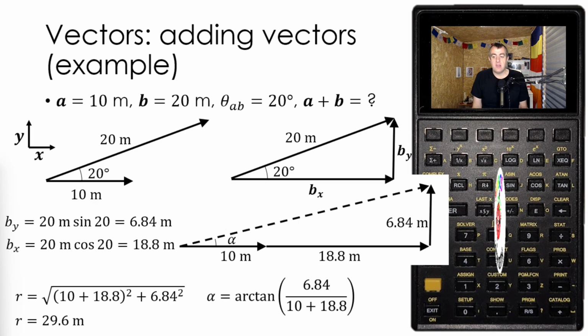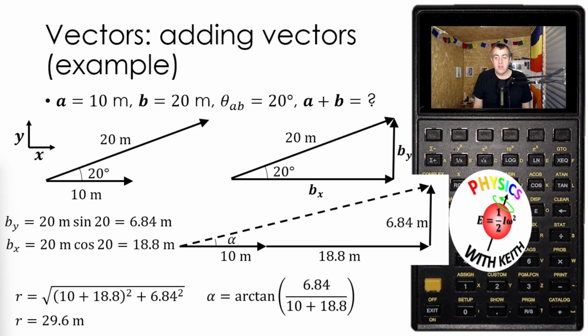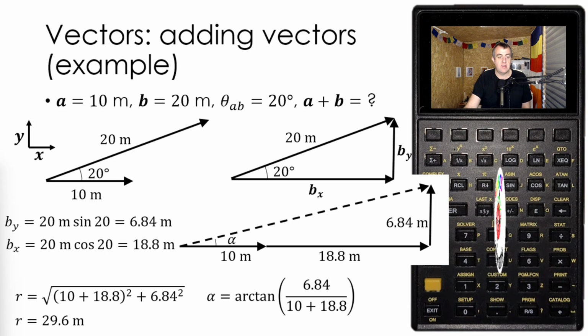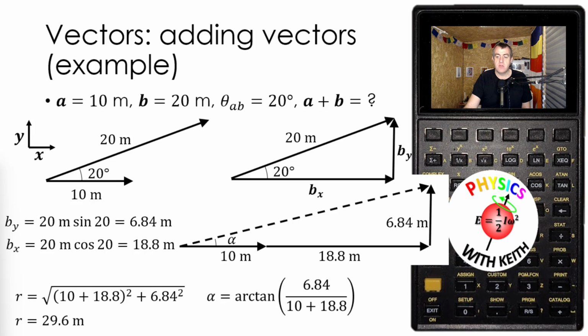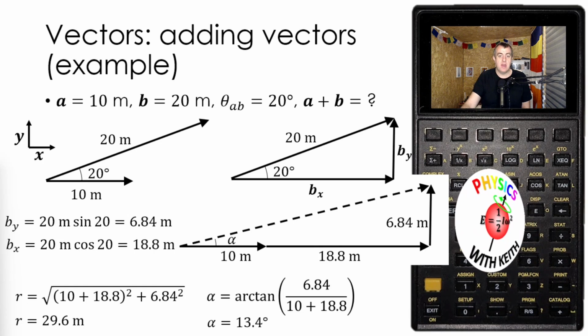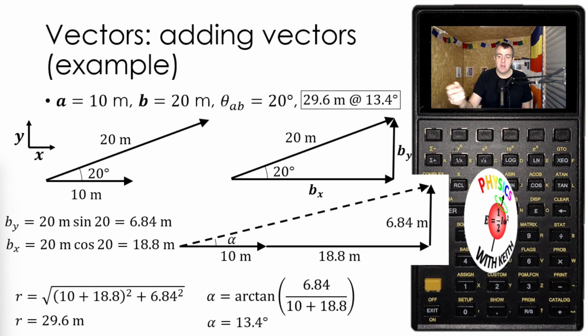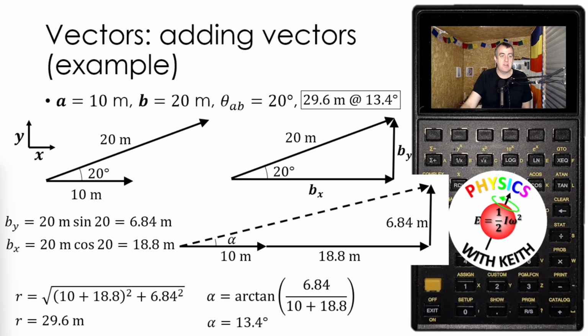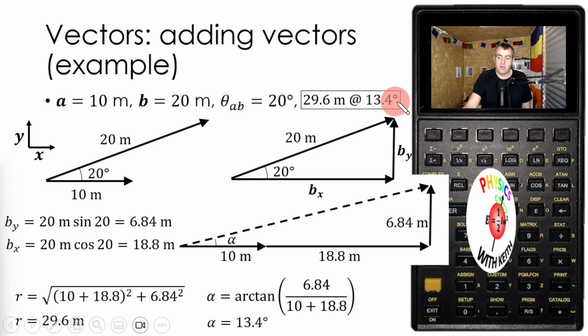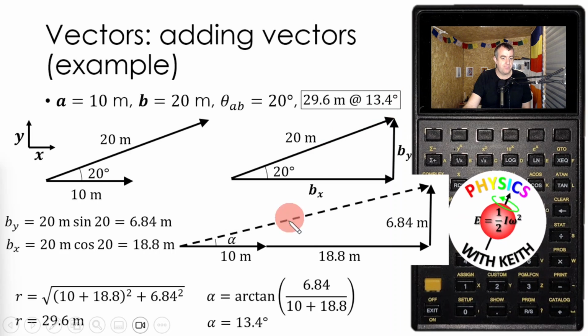We're going to go arctan of the opposite over the adjacent. So I've kept it in this form so it's clear to see what's going on. Chuck that in your calculator, you get 13.4 degrees. And so you would express your answer as 29.6 at a direction of 13.4 degrees to the horizontal.